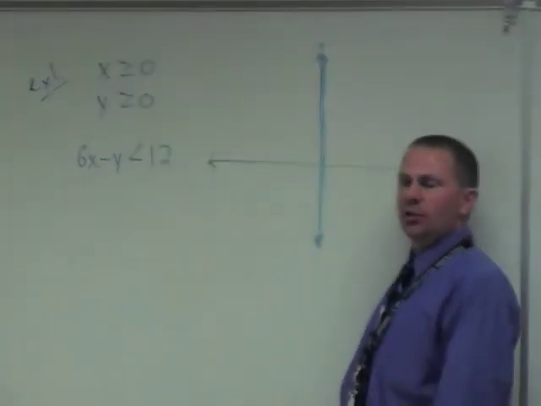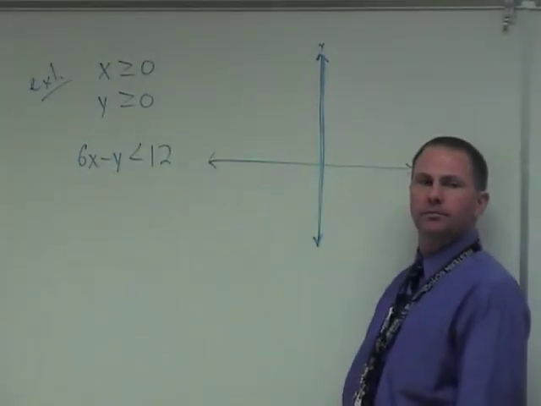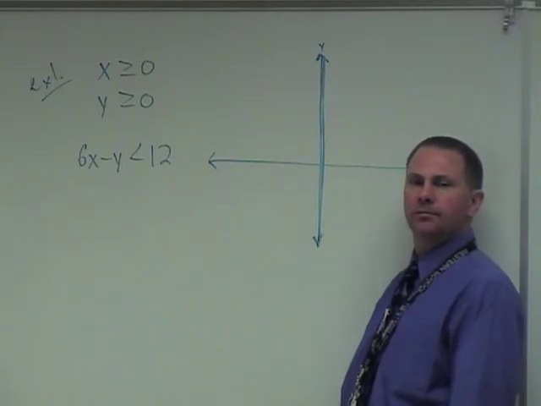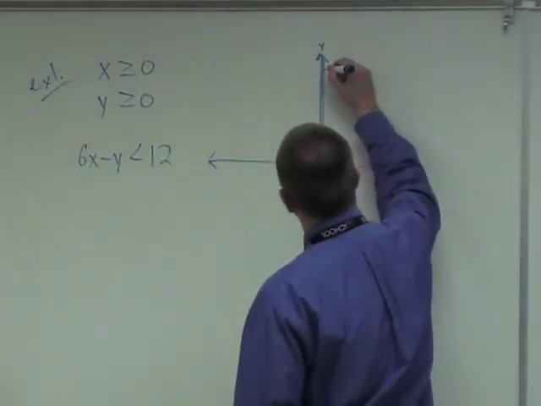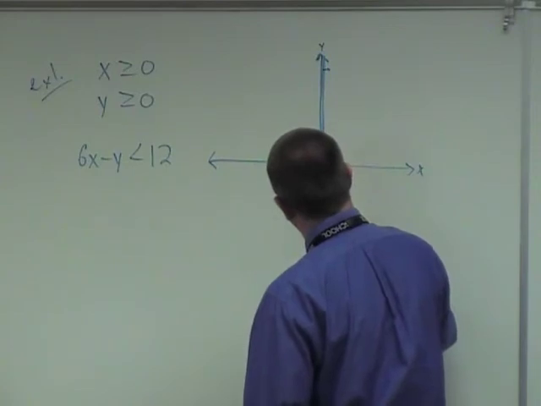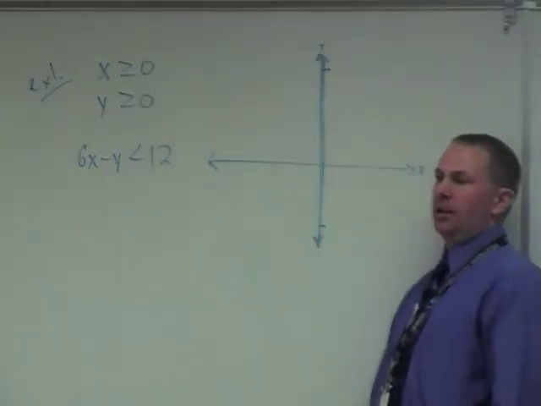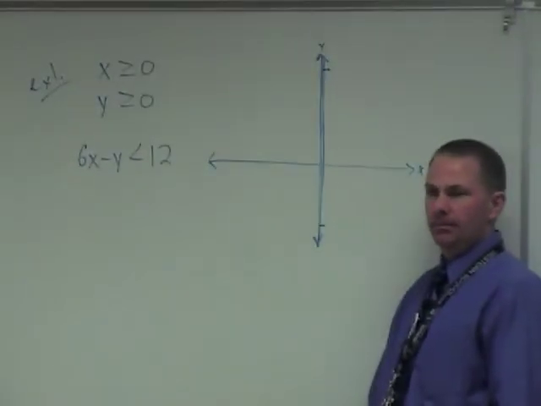Now, what about the shading? Lauren, which way do I shade? To the right. Okay, so before I actually draw a bunch of shading symbols, I'm just going to put a couple little arrows telling me which way to shade.